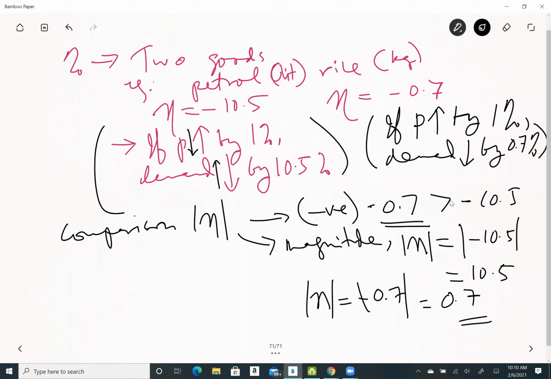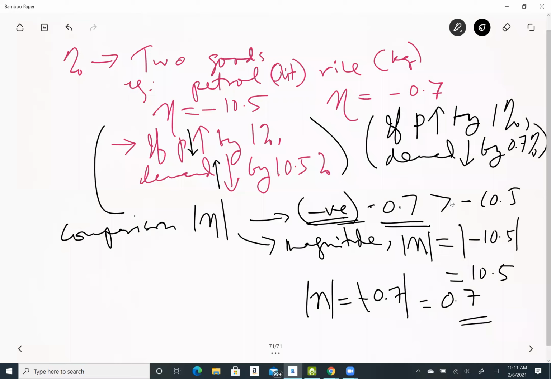So therefore here, which good has higher elasticity, petrol or rice? Petrol. Like I said, we don't look at the negative sign. If you look at the negative sign, negative 0.7 is bigger than negative 10.5.